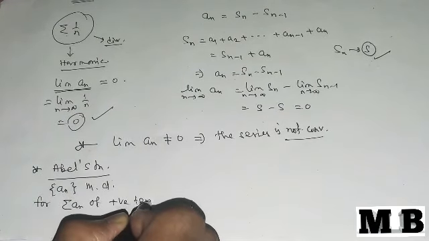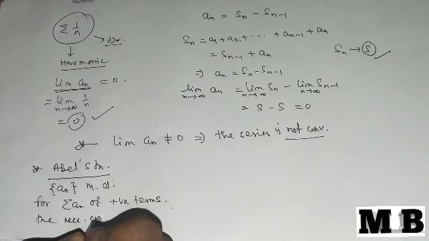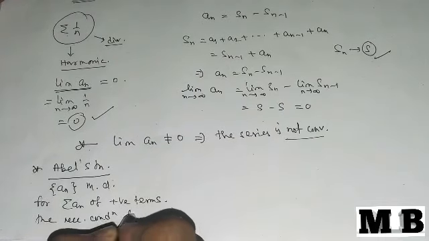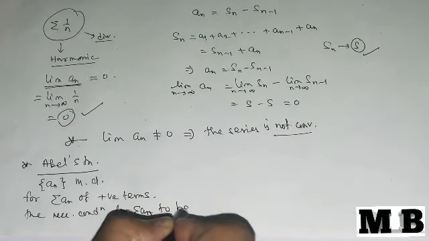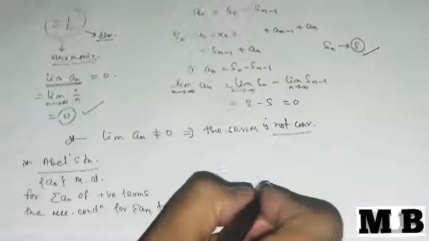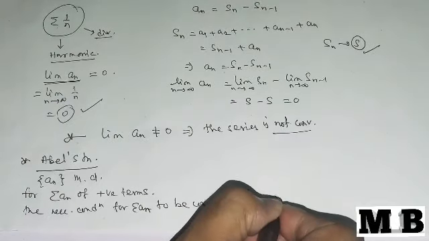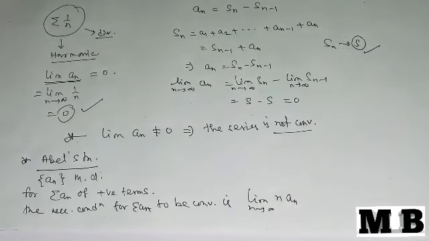positive terms, the necessary condition for this series to be convergent is to take the limit of n into an.